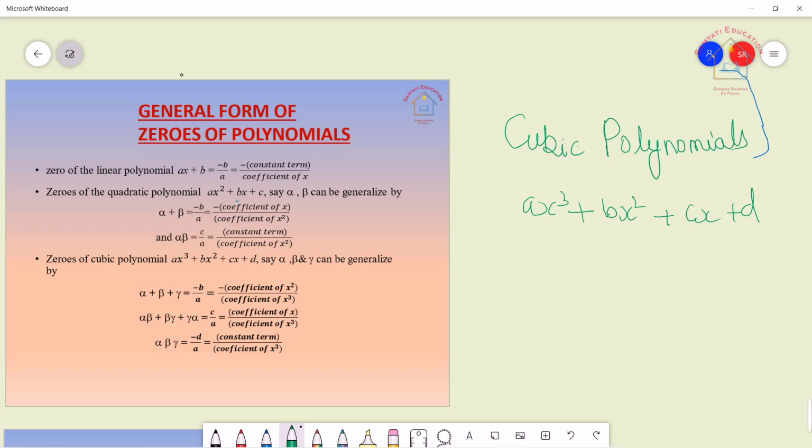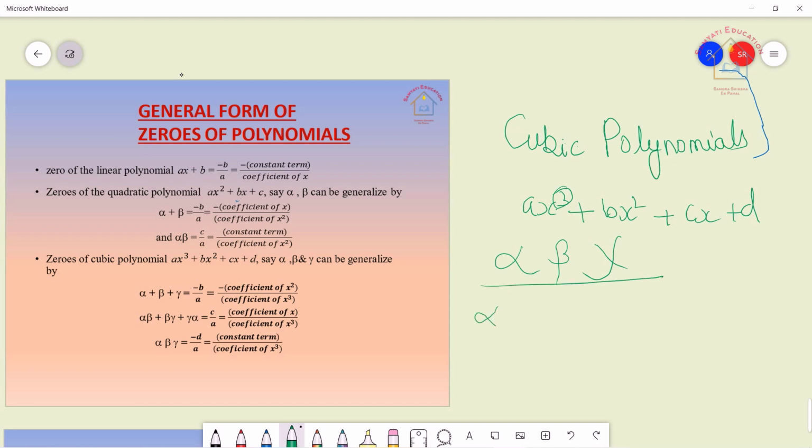Similarly, as the quadratic polynomial had two zeros, it will have three zeros because the degree here is 3. Let's say alpha, beta, gamma, and again we will not go through the derivation. We will just know how to find the relation among these.